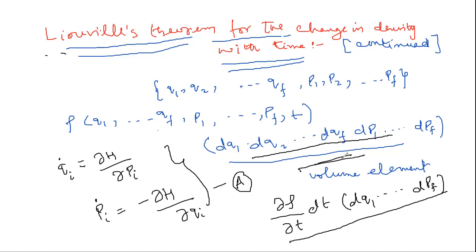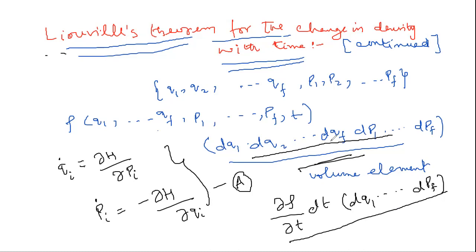Then we said this change in the number of systems existing in this volume element is due to the number of systems entering and leaving this volume in time dt, right?